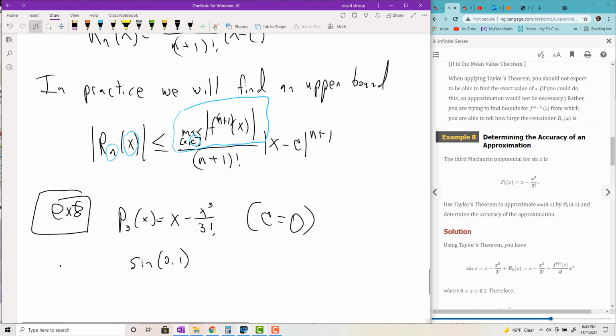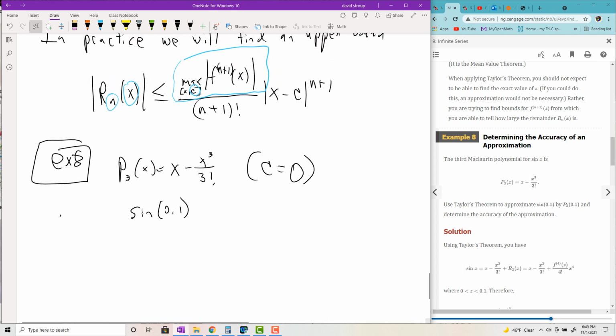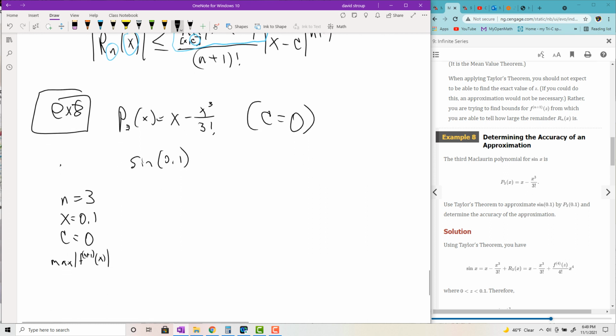So the x is 0.1. The n is given as 3, third degree polynomial. Again, x is 0.1. The c value is 0. And then we still have to figure out this max of the absolute value of the n plus first derivative on this interval. And the particular interval here is going to be 0 to 0.1.